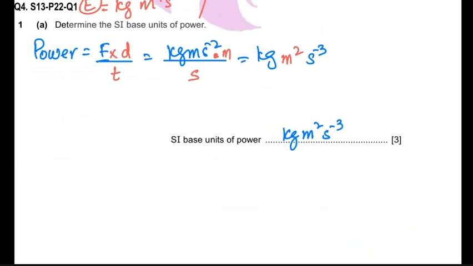Okay. So when you take s up there, it will be s^-1. It will become s^-2 and s^-1, right? So it becomes kg m^2 s^-3.